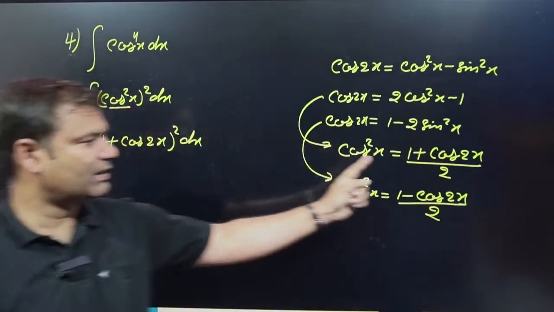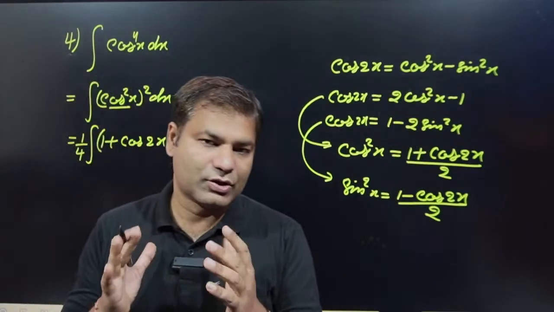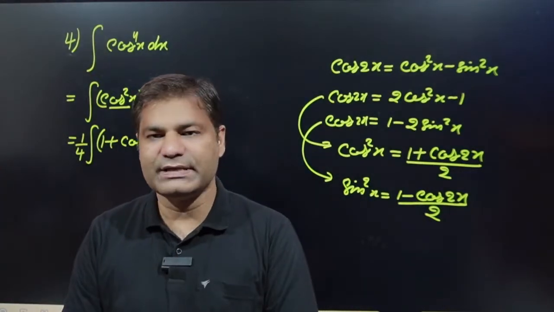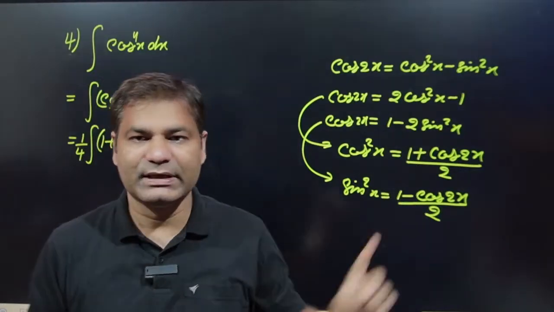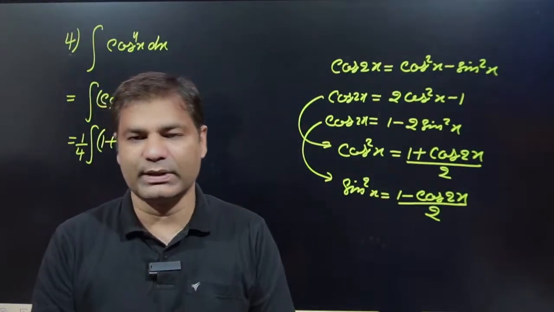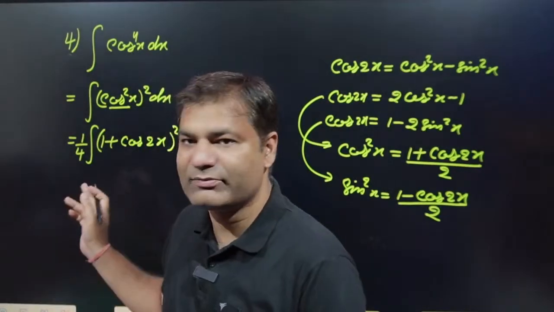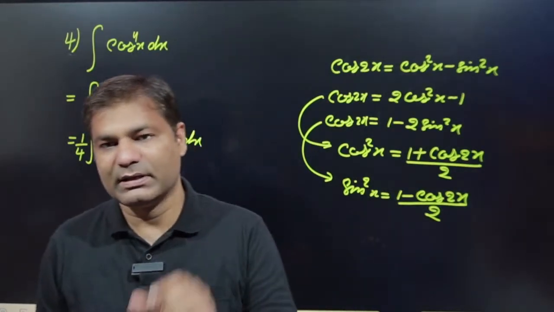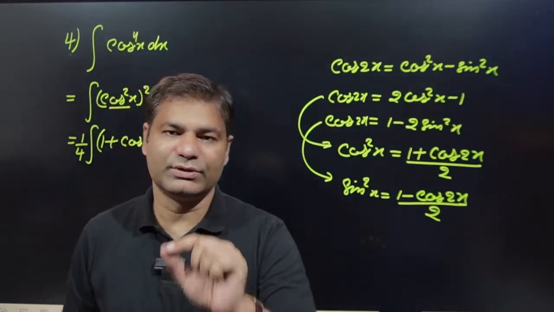Cos square x is replaced by 1 plus cos 2x by 2, so cos square to the whole power 2 is written as 1 plus cos 2x divided by 2 to the whole square. 1 by 2 the whole square is basically 1 by 4, so that's why we write 1 by 4. Also clear? Into integration of 1 plus cos 2x to the whole square.